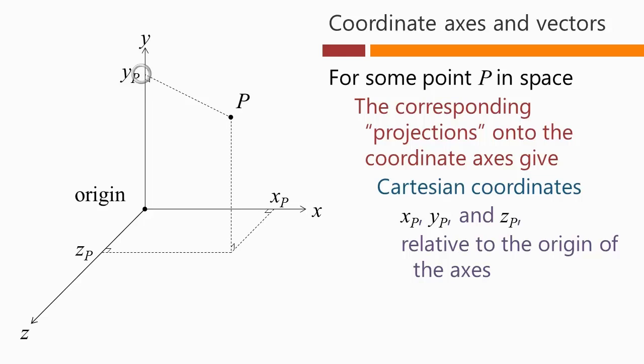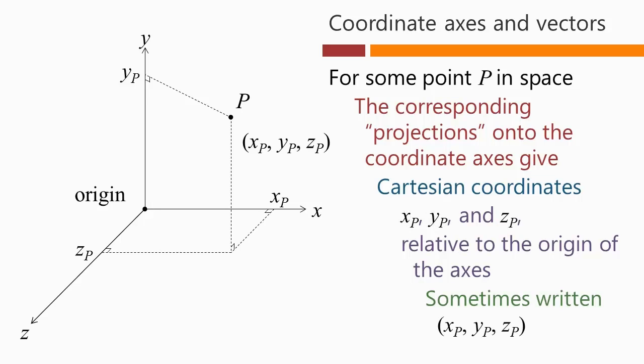So we can project it over here onto the y-axis, or over here onto the x-axis, or over here onto the z-axis. And the resulting projections, the xp, the yp, and the zp, relative to the origin of this coordinate system, give us these coordinates here for the point P. We can also express those coordinates in terms of these three numbers, xp, yp, and zp, inside these parentheses here.